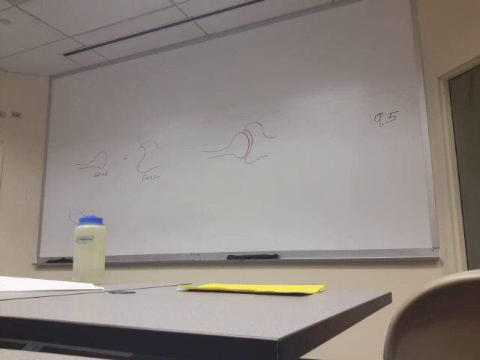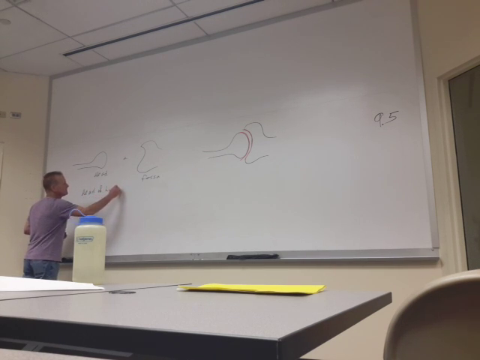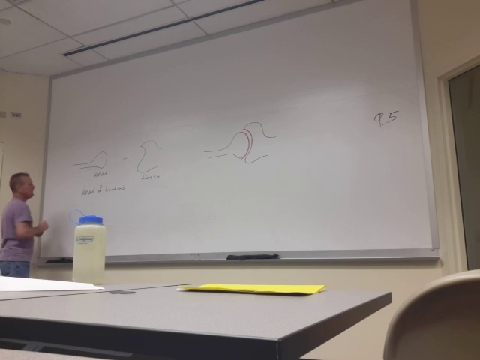So a head and a fossa. A couple of examples of a head and a fossa. We could say the head of the humerus. When I was learning joints, my lab instructor, his name was Mike actually, said, here's what I do, and so I did it.